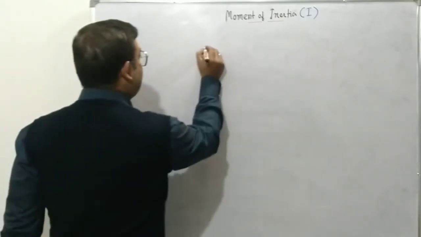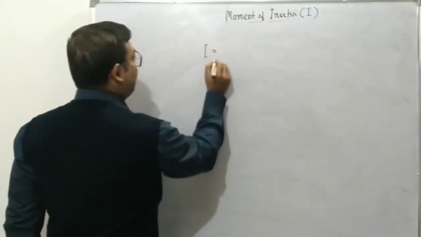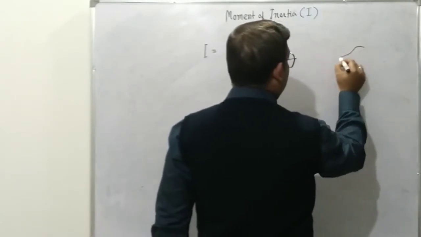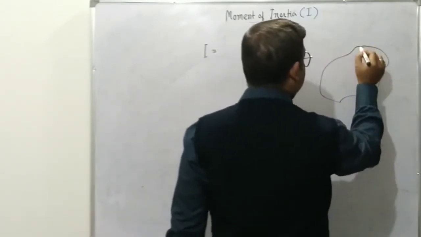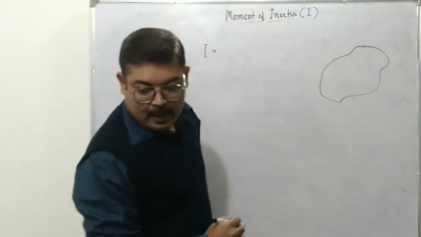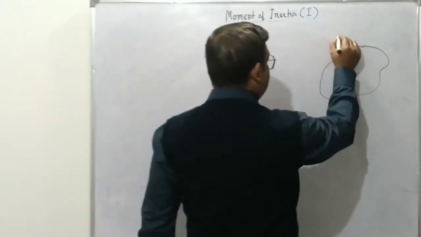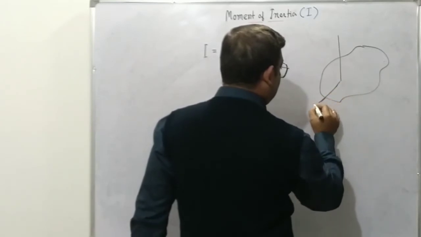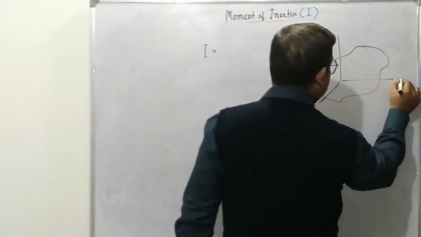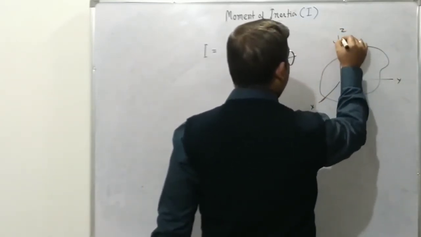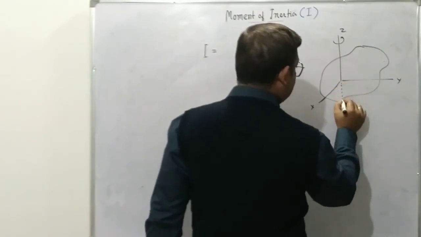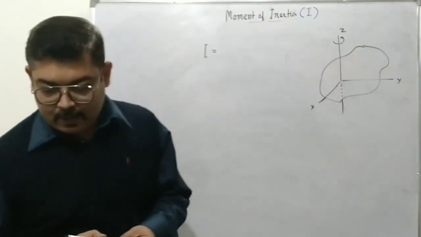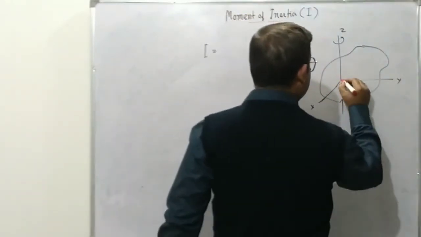Mathematically, moment of inertia I is given by, let us say, we have a rigid body and it is rotating about the z axis, say. This is x, this is y, this is z. Its different point masses are distributed at different points.